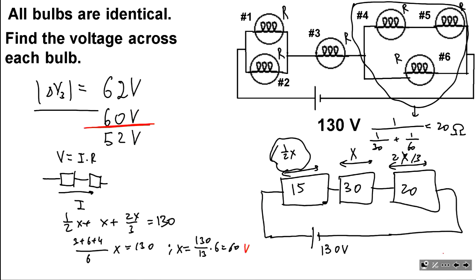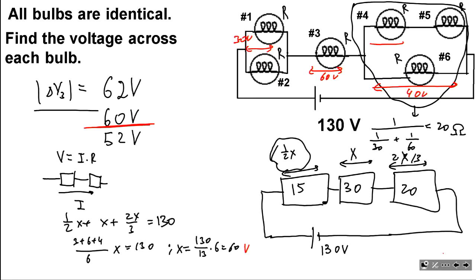And now, okay, let's write them down. This is 60 volt difference. So this will be 40. This will be 30.